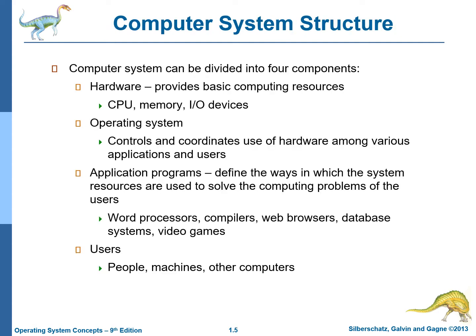Now we shall try to understand what are the components, or what is the structure of a computer system. So generally a computer contains all these things. It includes hardware, operating system, application programs, and user programs.